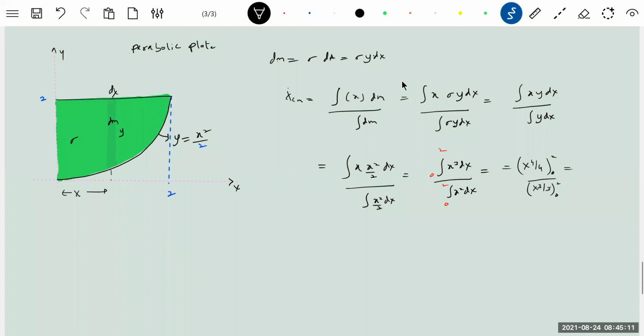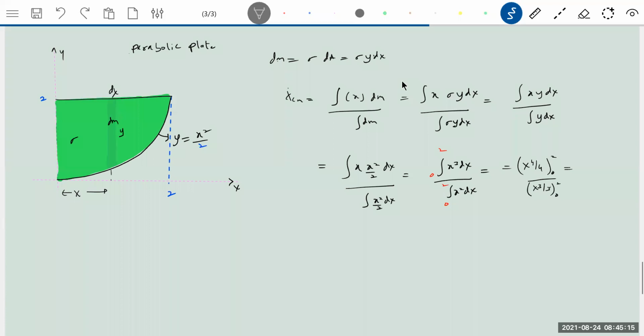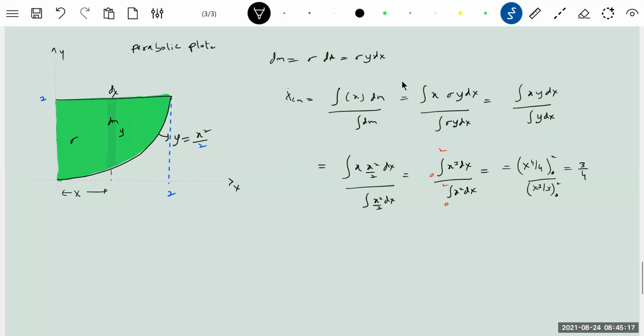The value will be 3 by 2, or 1.5 meter. This is the center of mass of this.